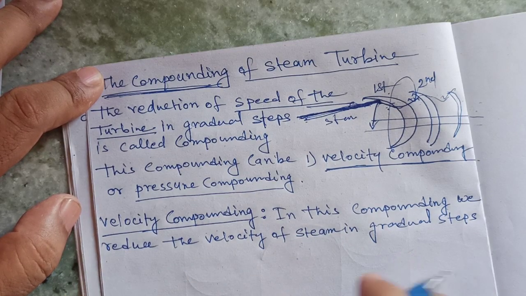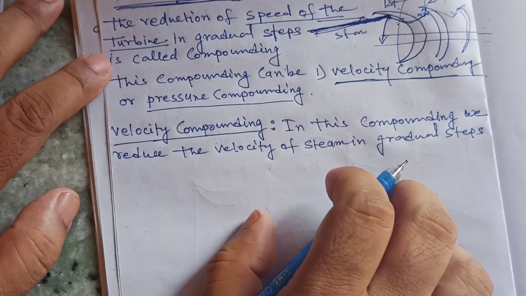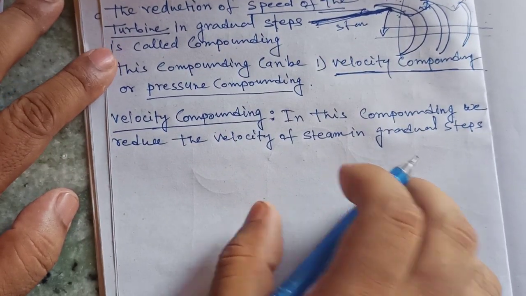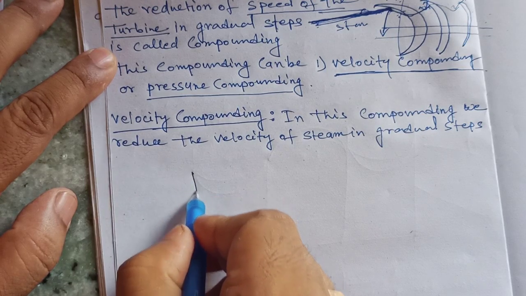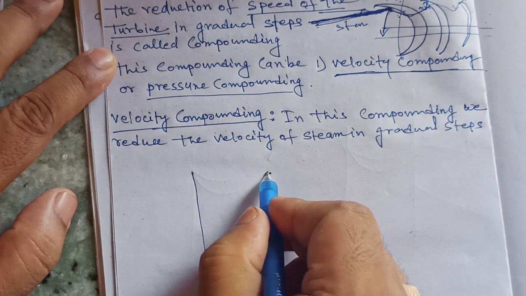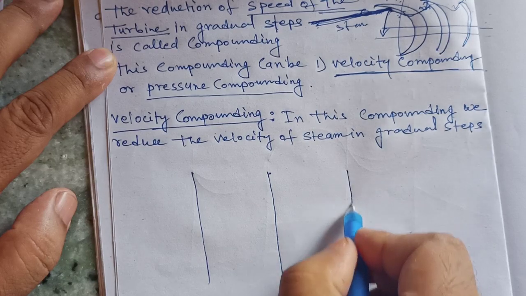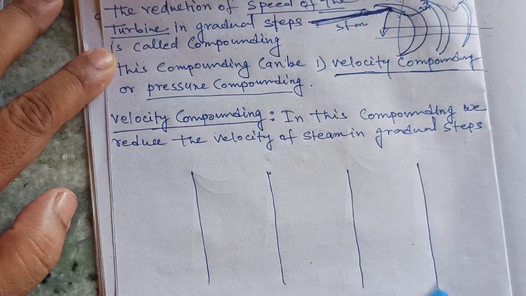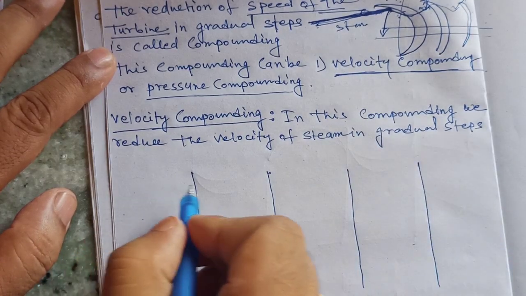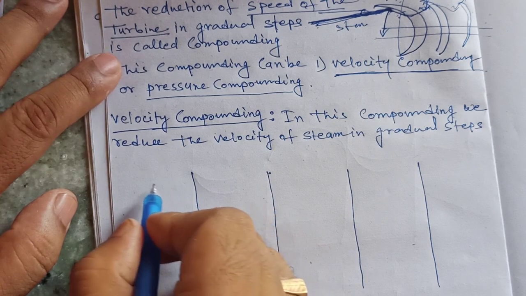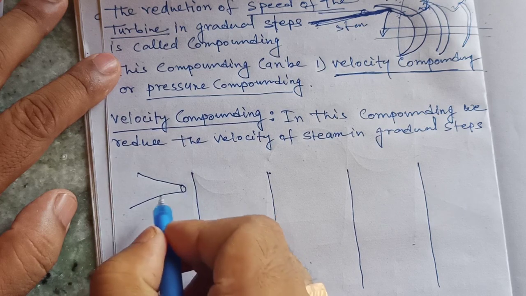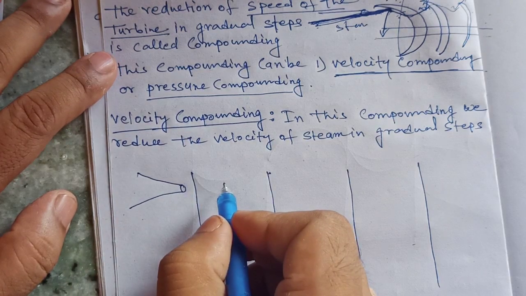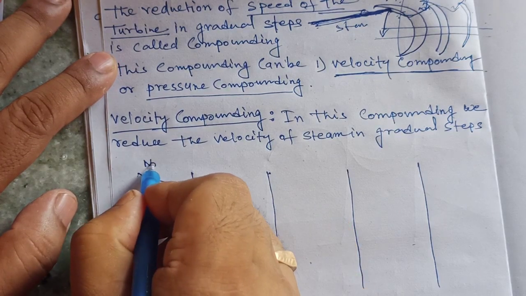Now first of all I am drawing the velocity compounding diagram. You know it has a number of blades, so I am drawing the rows. First of all, we know there is the nozzle through which the steam can pass. This is a nozzle.